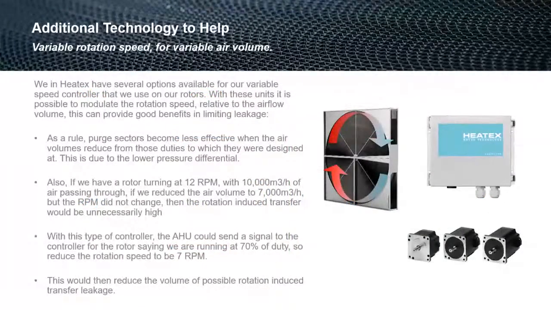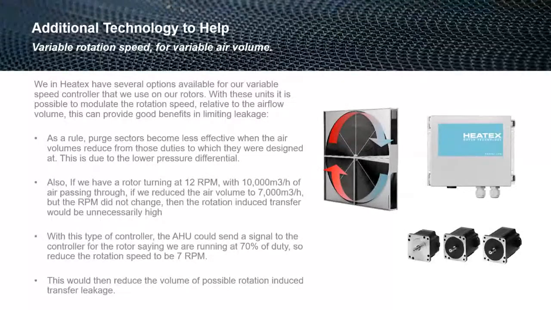If you're a Heatex Select regular, which is our selection program, you'll know we have a huge range of different drive options available within our software, but not all of these drive types are created equally. Some drive types have a smart new function to help reduce this carryover or rotation-induced transfer. To explain what we mean by this, take the controller you see on the screen right now.